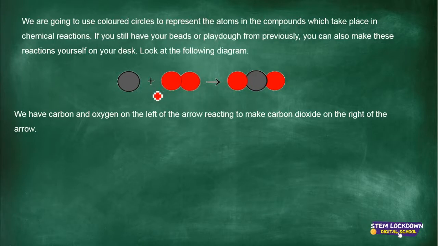If we combine these two, then on the right-hand side of the arrow you see that the oxygen atoms are attracted to the carbon atom, and they make carbon dioxide, which, if you had to write it using figures, is CO2, with the small 2 at the bottom. The 2 means that there are 2 oxygen atoms attached to the 1 carbon atom.